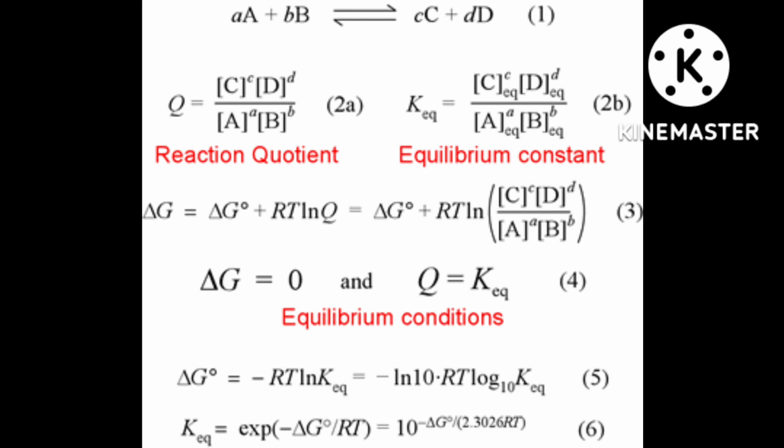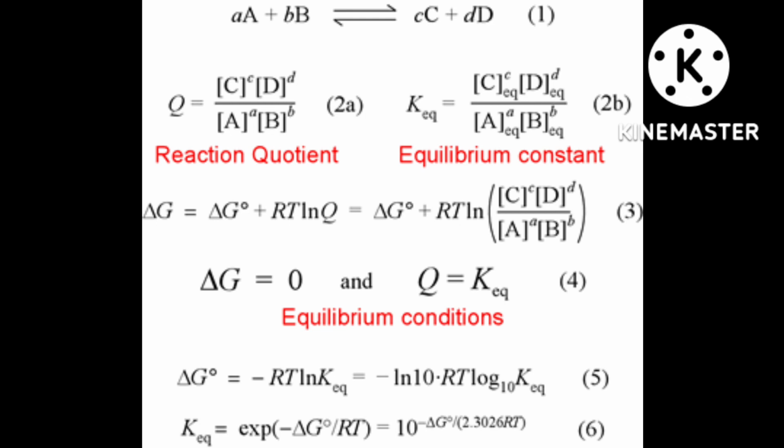Now this concept you are going to use here, then you will come to know the value of Kp. Actually, in the equilibrium chapter we will discuss more, Kc and Kp values. Kc, where C means concentration, and Kp.